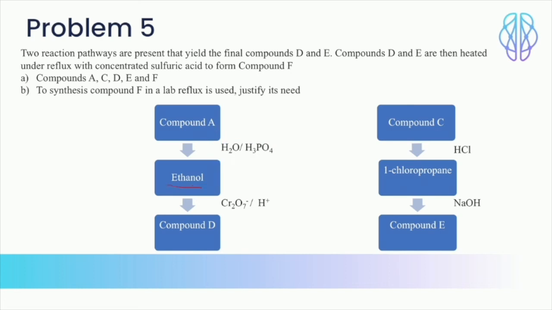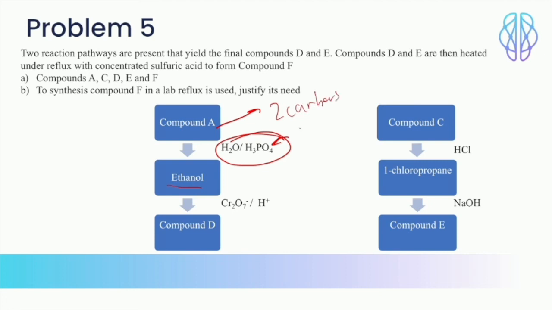Okay, so we can work through this systematically now. So we have ethanol, so we'll start with compound A, and we know if compound A is reacted with water and this dilute acid here, which is phosphoric acid, we get ethanol. This type of reaction isn't really going to change the number of carbons we have. So ethanol has 2 carbons, so compound A is also probably going to have 2 carbons as well.